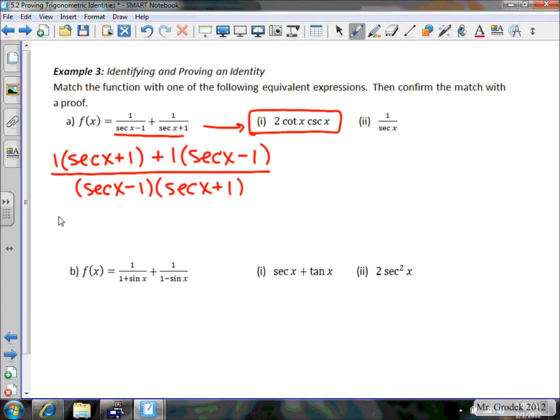When you simplify this, we'll have secant x plus 1 plus secant x minus 1, which means we'll have 2 secant x on top over secant squared x minus 1.